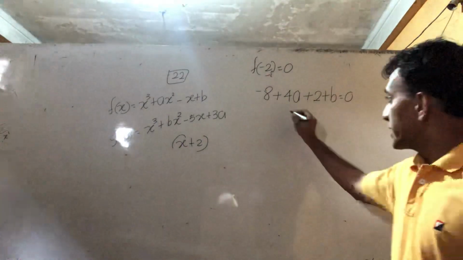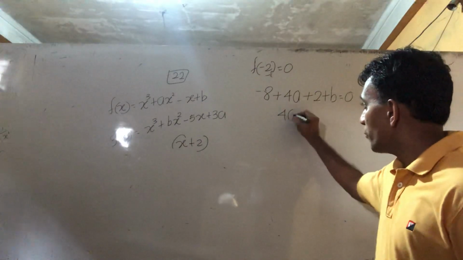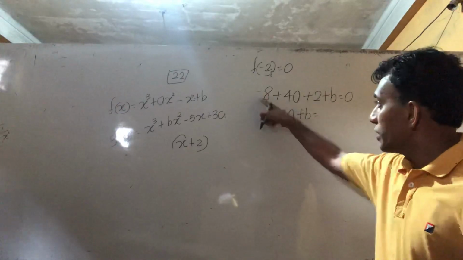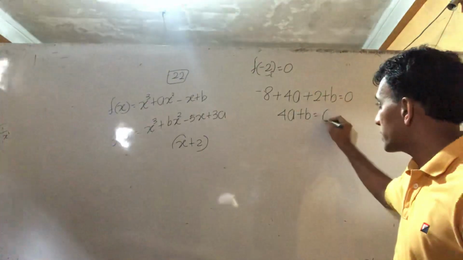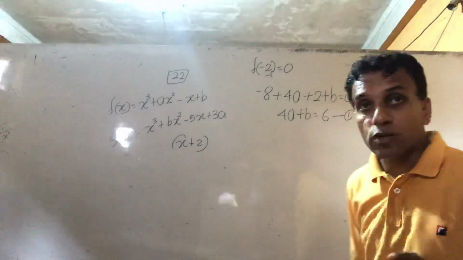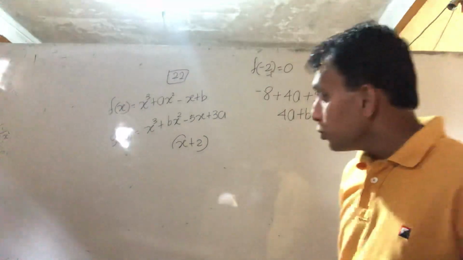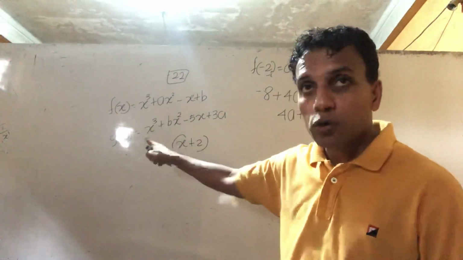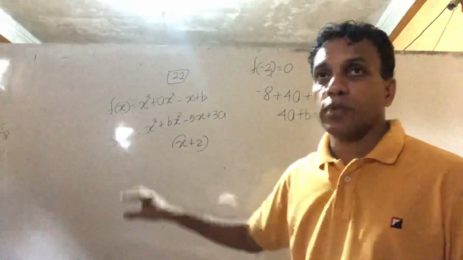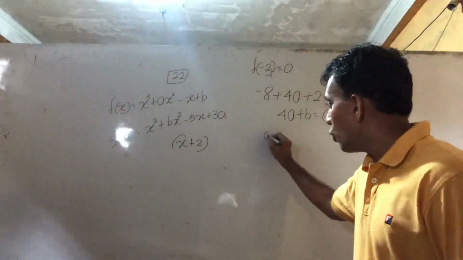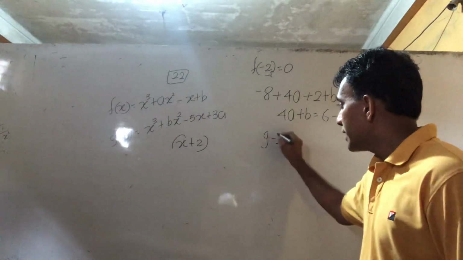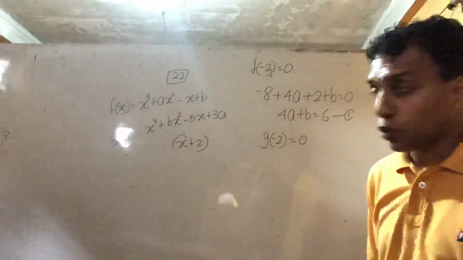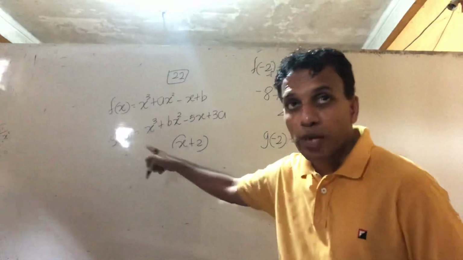Now form your simultaneous type equation first. 4a plus b equals, here minus 6, that side plus 6, okay? That is your first equation, right? Also another function called g(x), for that also x plus 2 is a factor. So the idea is g of minus 2 is 0. Then put x for minus 2 and simplify.